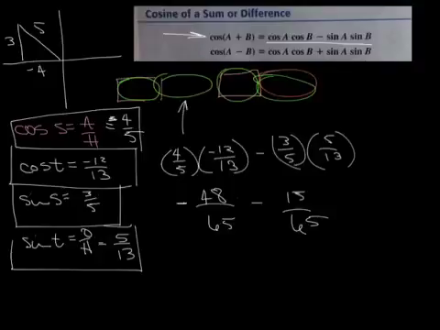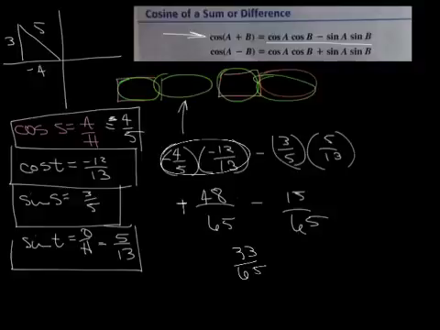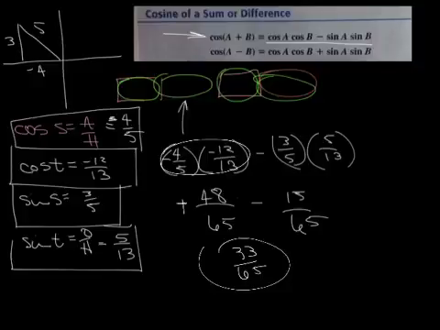So now as I'm looking at this, this should have been a negative. These two multiplied together should have given me a positive. Okay, so now I'm on the right track. So that gives me 33 over 65 for my answer then. So that is what the cosine of s plus t is. And that's it. If you can work your way around my negative mistake in example 4.